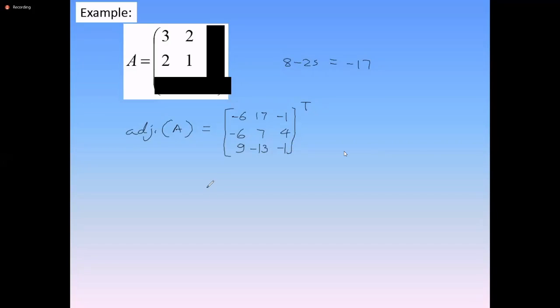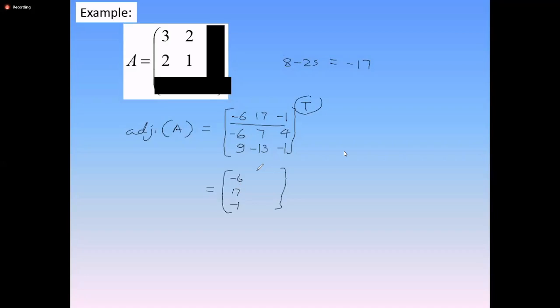So this is not the adjoint matrix. We have to transpose now. After a transpose, what is the value? So transpose there. Then this row is written as this column: minus 6, 17, minus 1 here.